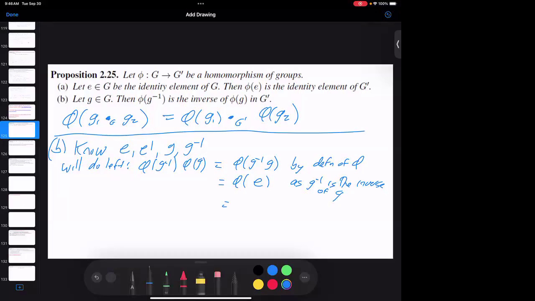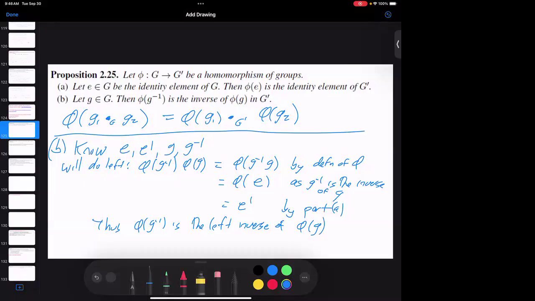E prime by part A. Thus, phi of G inverse is the left inverse of phi of G. Okay? And then you would do the right-hand side similarly.